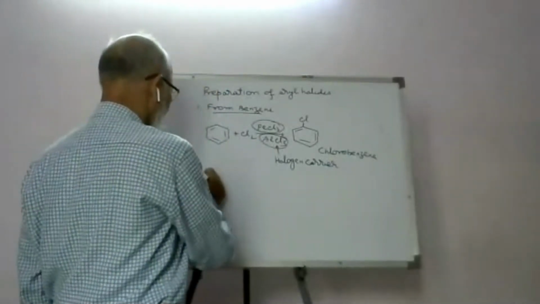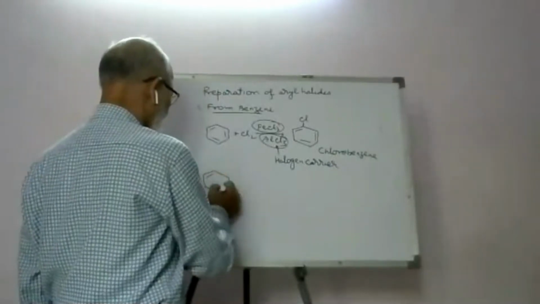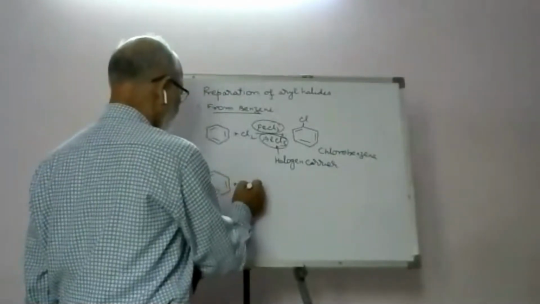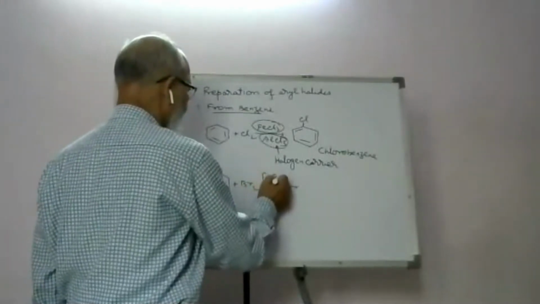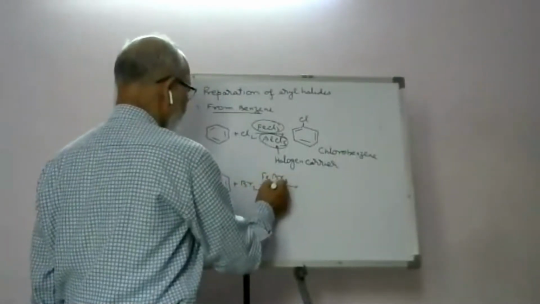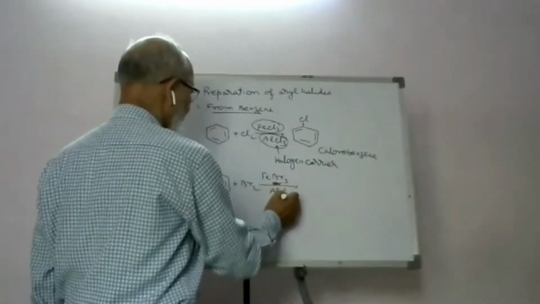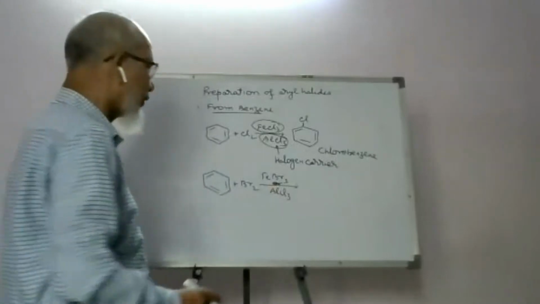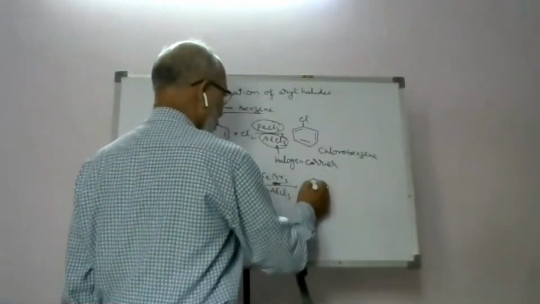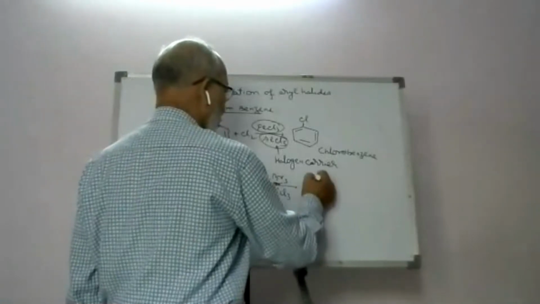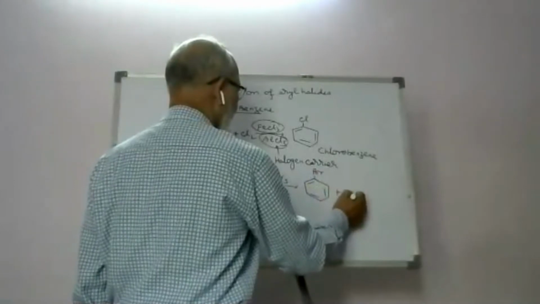Likewise, when benzene is heated with bromine in presence of FeBr3 or AlCl3, in place of AlCl3, you may also take AlBr3, there will be formation of bromobenzene plus HBr, here HCl will be formed.